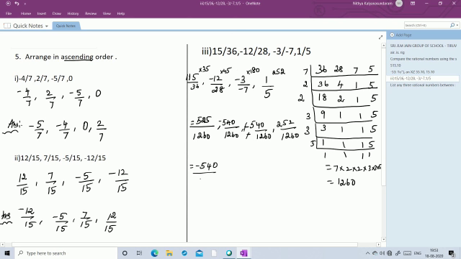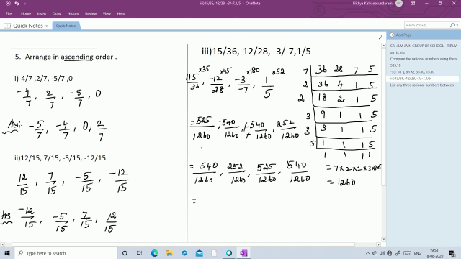So minus 540 by 1260. Then all the three other numbers are positive. So which is the smallest number? 252 by 1260, then 525 by 1260, then 540 by 1260.